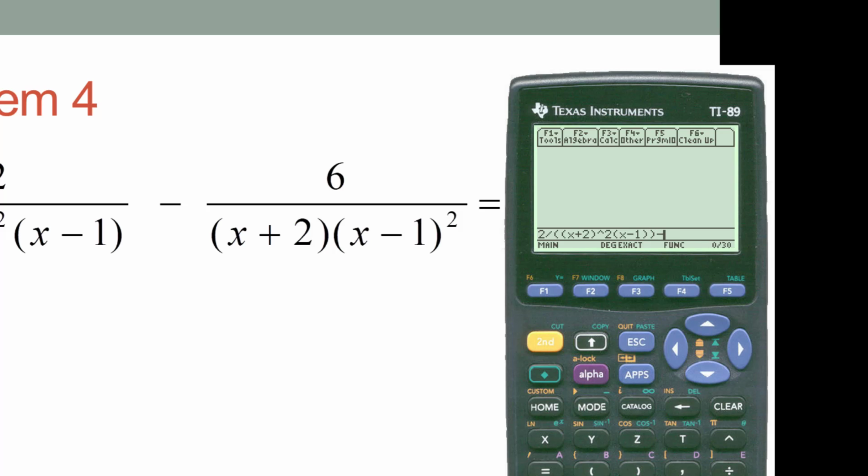And then it's a minus 6 over, so that's divide. Same thing here. I'm going to put parentheses on the left and on the right. So parentheses, and then I enter the rest of it. Then parentheses again, x plus 2, and another parentheses for the x minus 1, and that's to the second power.